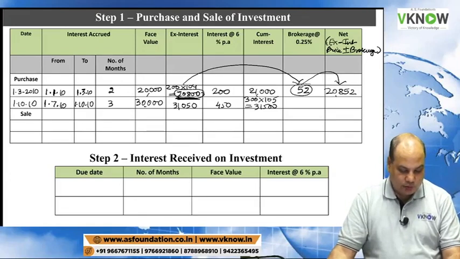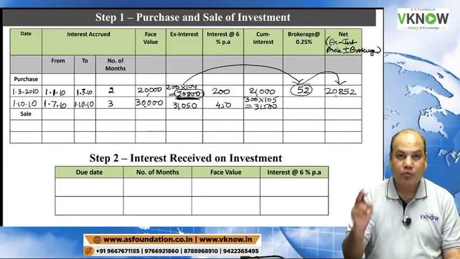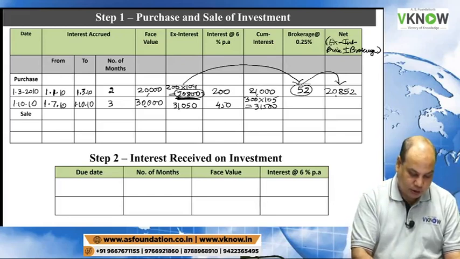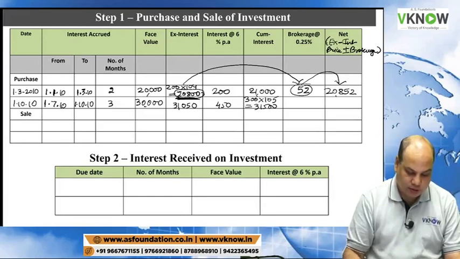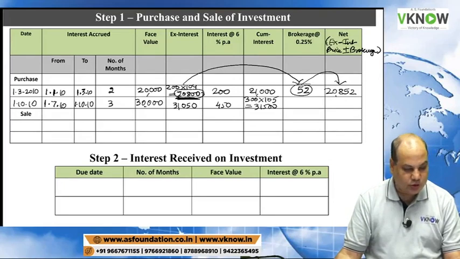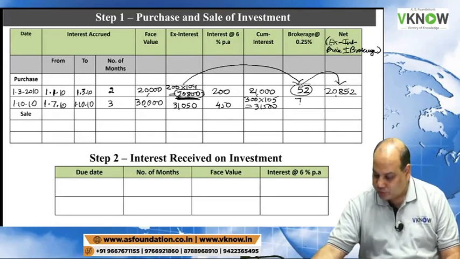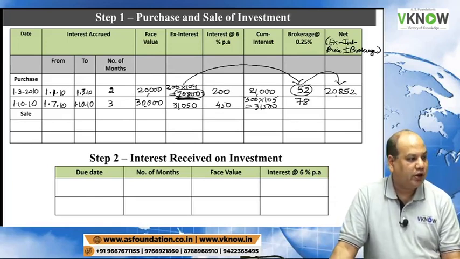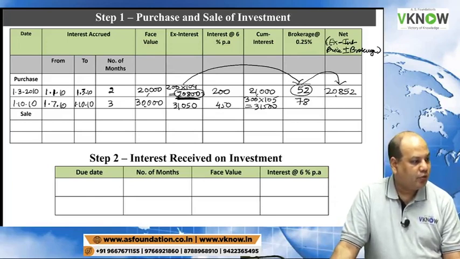Then on 31,050 multiply by 0.25%, so you will get 77.625. Please round off to 78 rupees.